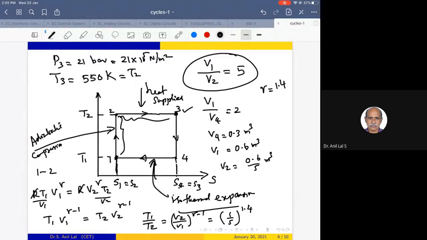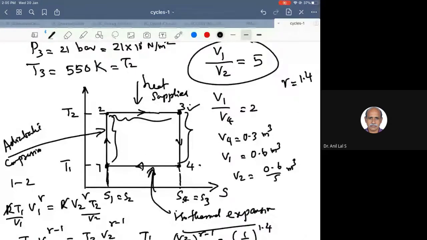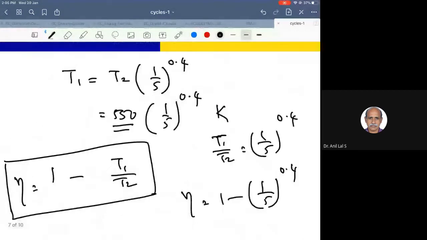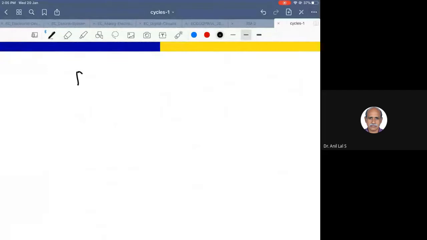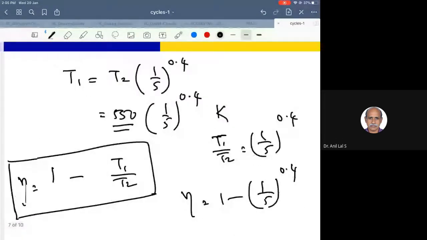So which process will you take? Take process 3-4, an adiabatic expansion process. We want to relate the pressure at 3 and the pressure at 4. We also know the temperature.